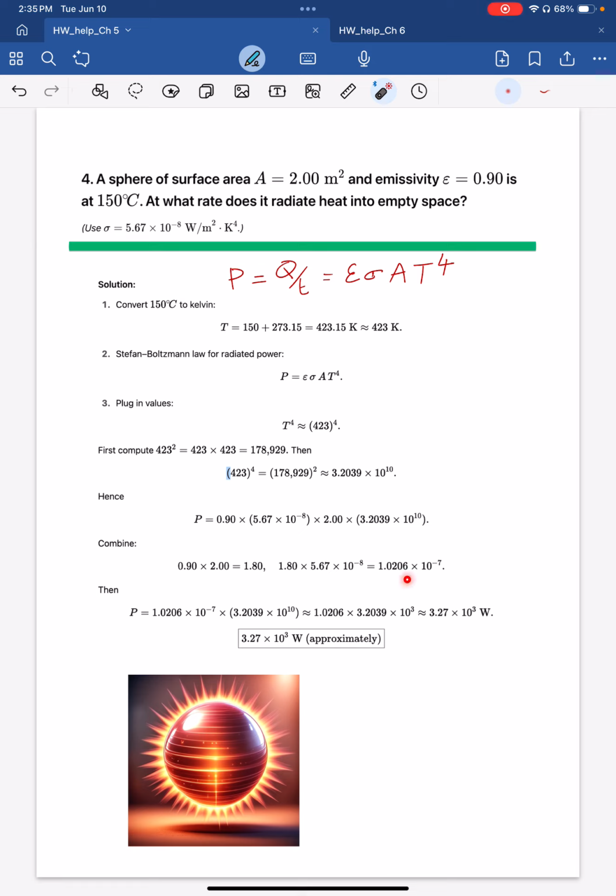You would get this. Okay. And then multiply it with this. So I have done it in parts. When you do all that, you get 3.27 times 10 raised to 3. And the unit is joule per second. Joule per second is also called a watt from the previous chapter. That's the unit of power.